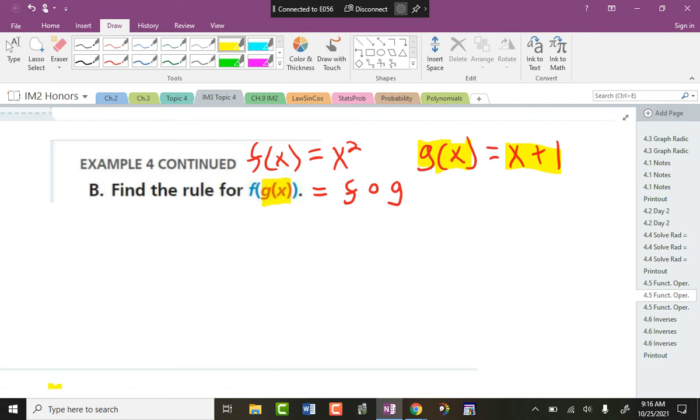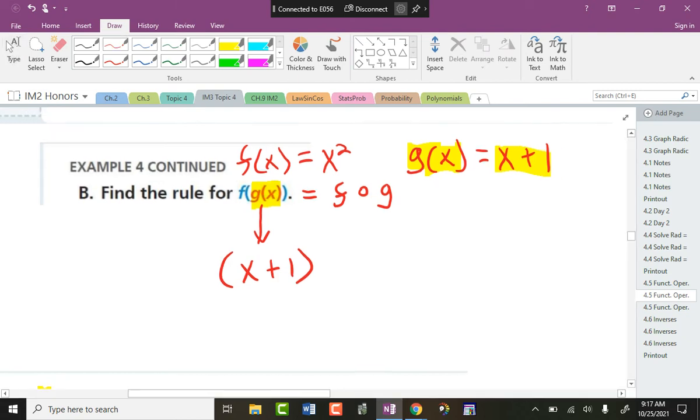And the very first thing I'm going to do is replace the name with its definition in this question. And g of x is defined by x plus 1 for this particular problem. And the people that don't get this, the very next question they ask is, where did the g go? Wait, what happened? And you're missing the point that this is just a name, and all I do is replace it with its functional definition. And now that part's done.